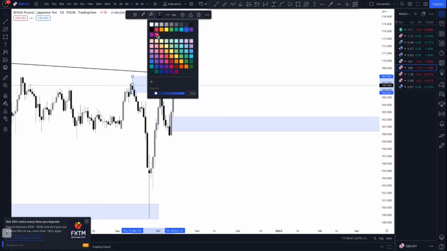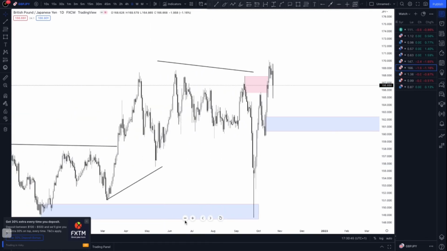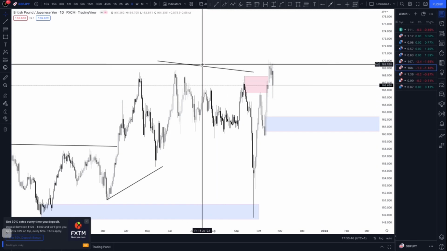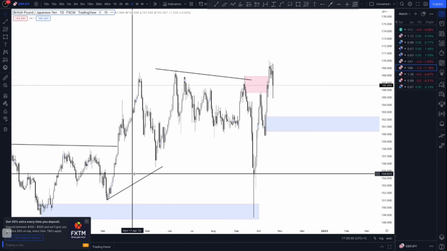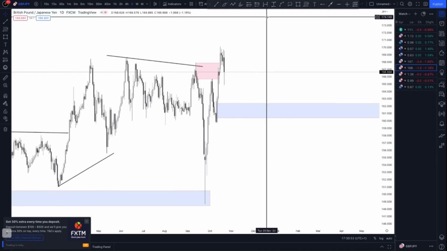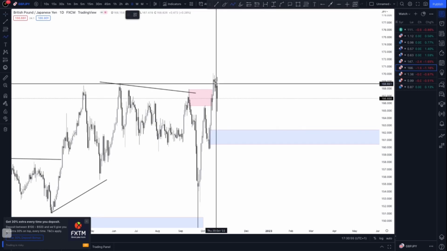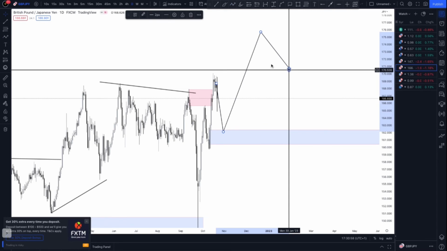From our previous week, I expected the market to take out the liquidity at this point, which the market definitely did. After taking out liquidity downside, it's meant to take out liquidity upside. So the expectation on the GBP JPY is for the market to come back to the demand zone and give a push to the upside.